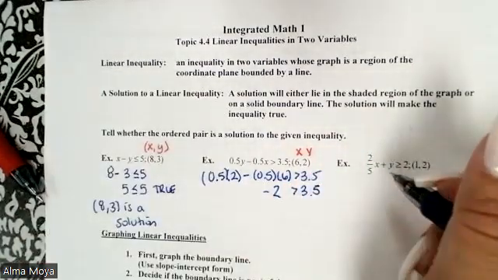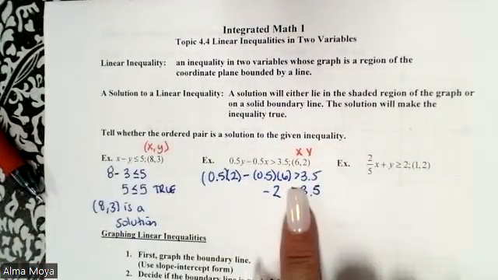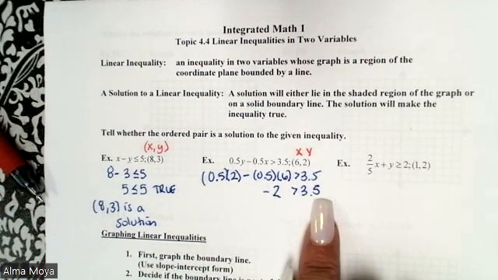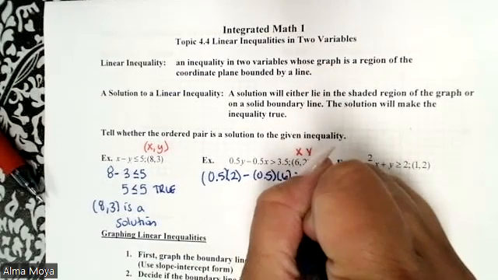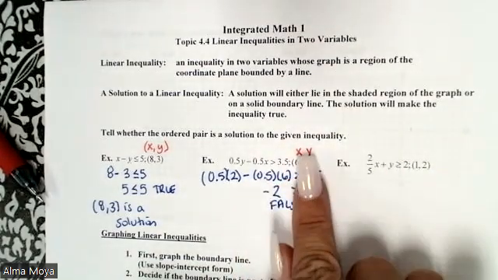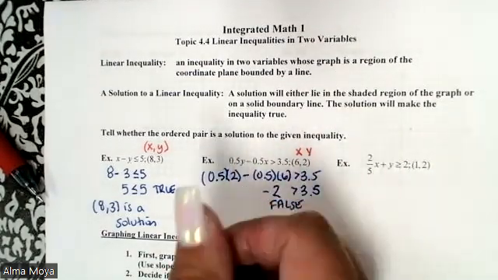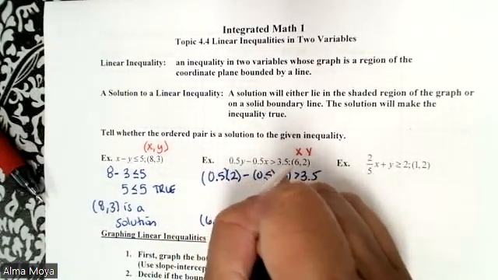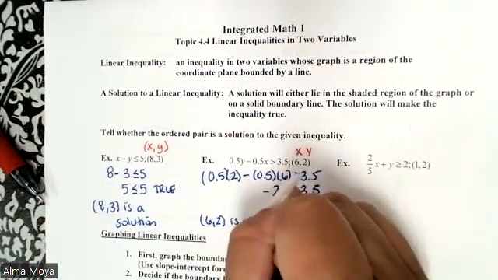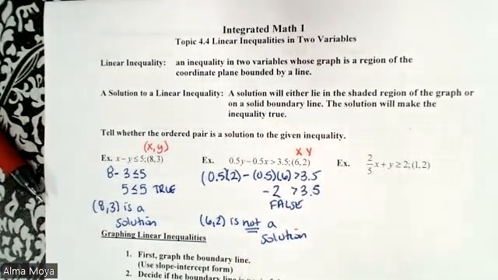That is not true. -2 is not greater than 3.5. So because it's not greater, this is a false statement. Because that is a false statement, (6, 2) is not a solution.